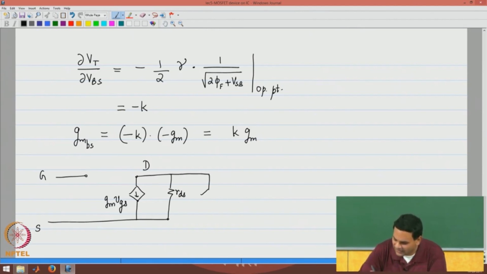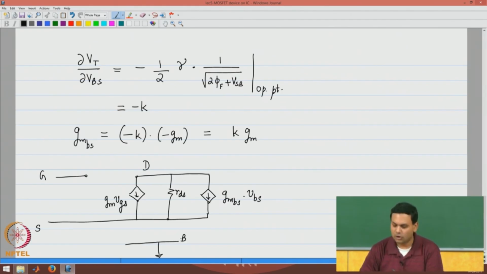Finally, I have a third incremental voltage controlled current source, which is simply GMBS times VBS, where the bulk terminal is connected to small signal ground. So, if the source moved with respect to bulk, you will have a third small signal component in the small signal picture.